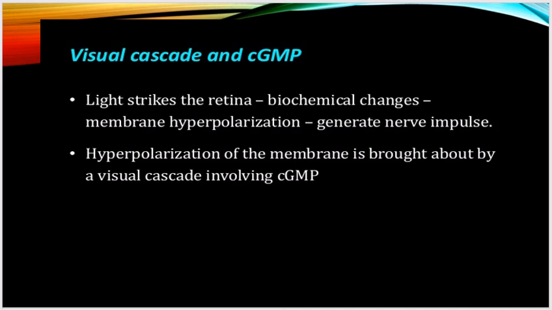Photolysis of the rhodopsin closes the sodium channels in the rod membrane, and hydrolytic enzymes release the calcium into the cytosol, or there is a decrease in cytosolic cyclic GMP. This lowers the sodium permeability of the membrane, causing the hyperpolarization, and the visual cycle starts.